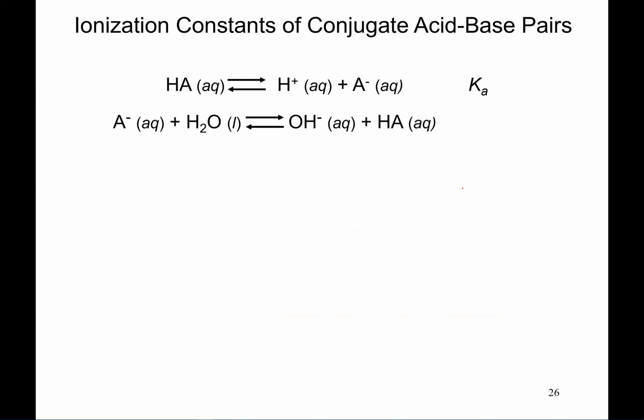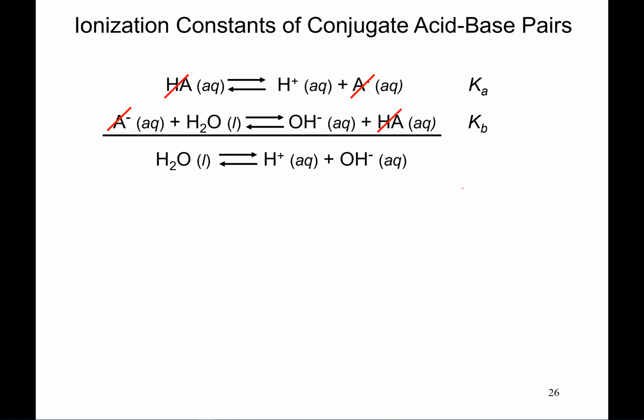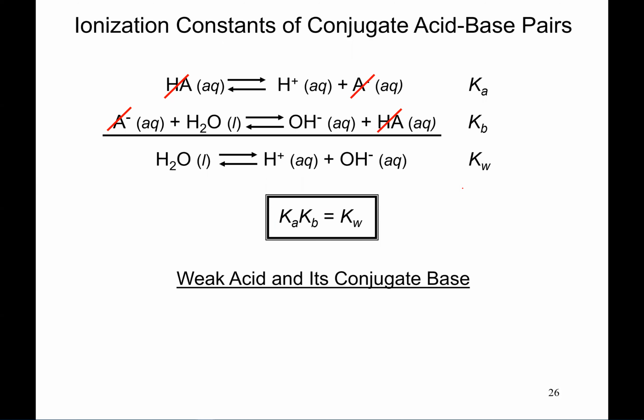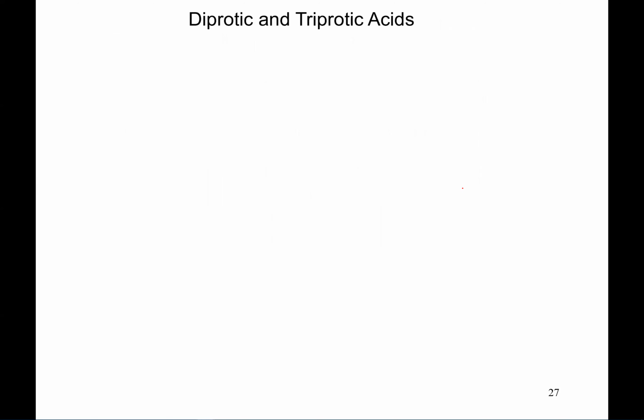Ionization constants of acid-base pairs here: you have Kb. That's Kw, so Ka times Kb equals Kw. For a weak acid and its conjugate base, Ka is Kw divided by Kb, and Kb is equal to Kw divided by Ka.